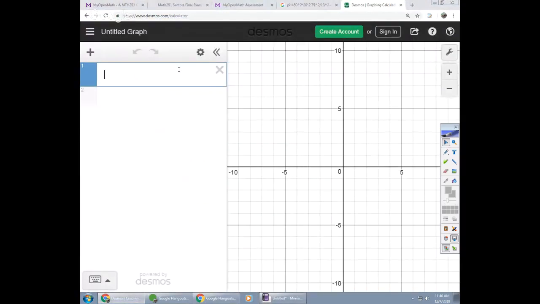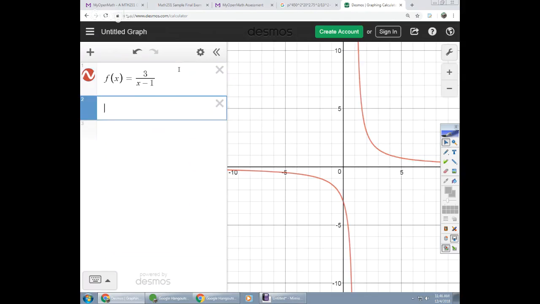You guys probably already did. So I have f of x equals 3 over x minus 1, and I need a point, negative 1 comma f of negative 1. I'm using Desmos to check that I calculated that right. Negative 1.5. Yep, that's what I found earlier.